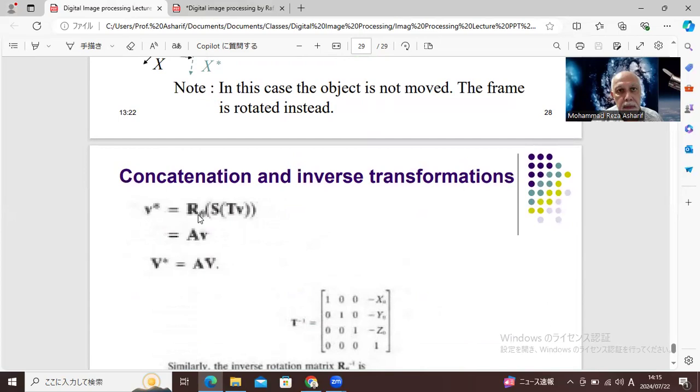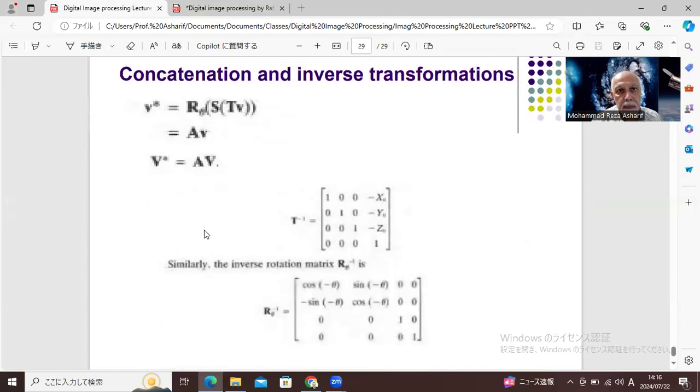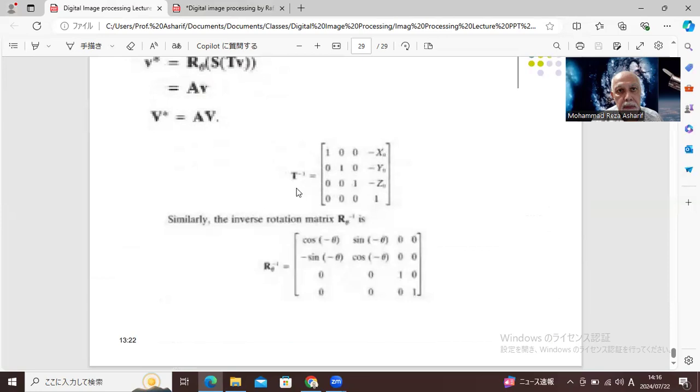And remember, the order of the multiplication of the matrices is important. You cannot change it. If you change it, then maybe the result is different. And the inverse is this, as I said. Here is T inverse, the inverse of translation or the inverse of the rotation.